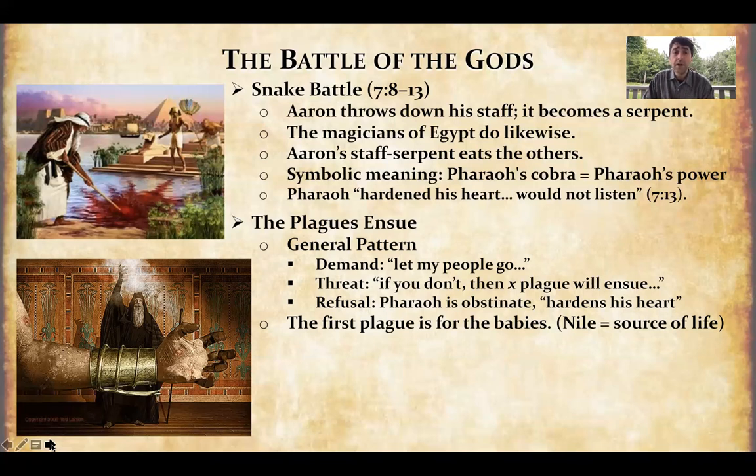But it also has meaning because it's where they threw the Hebrew babies. And that they turned it into blood kind of evokes all of the blood that was spilled in the Nile when they followed through with this plan of genocide, throwing the babies into the river. So in a sense, that first plague is the blood of these babies crying out from the waters.